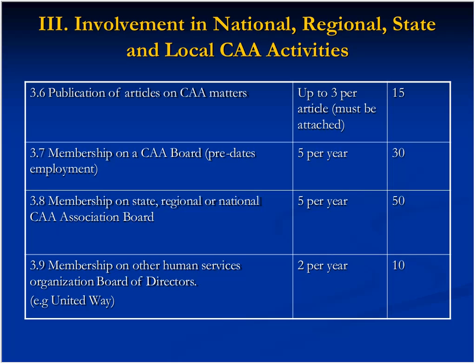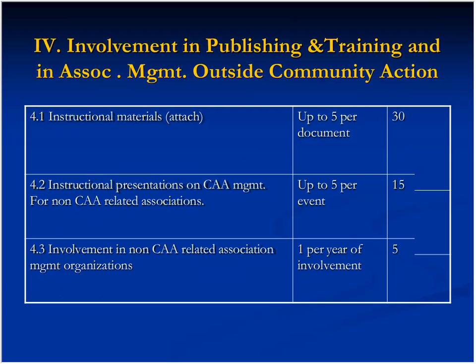So I'm going to proceed to section 4 of the candidate data form, which is a brief section of only 3 sub-entries. Let's take a look at section 4. Section 4 is for instructional materials, up to 5 points per document.